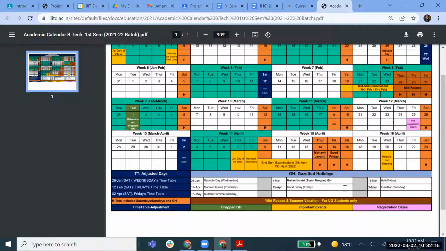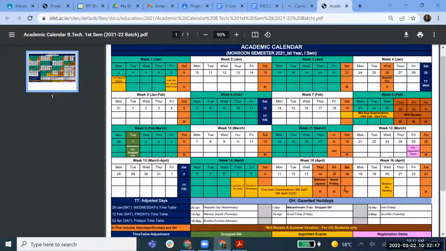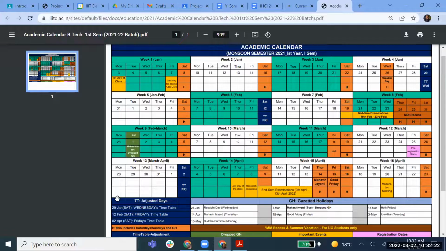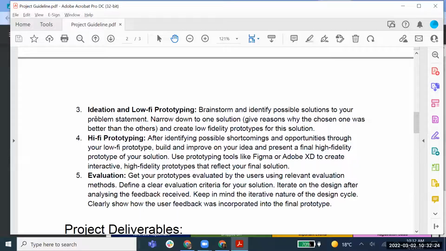Okay, so I think it will be hard. So what will we do? By 31st of March, you need to complete the rest of the things. All are closely related: ideation, low-fi prototyping, high-fi prototyping, and evaluation.